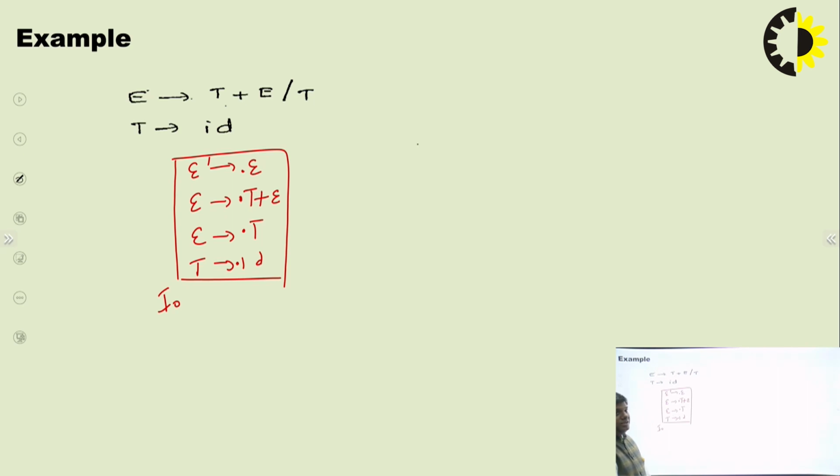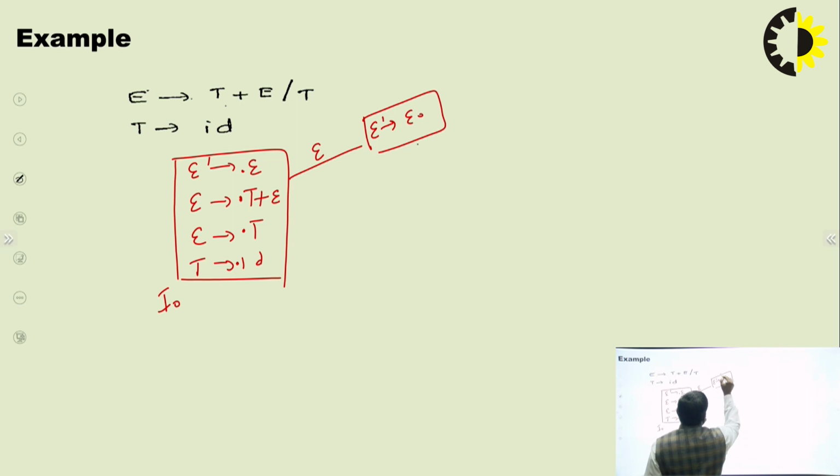Now we design the deterministic finite automata using this concept. For this production rule, we find the input E, and E tends to E dot. That is your final state of the finite automata, and this production has been completed.